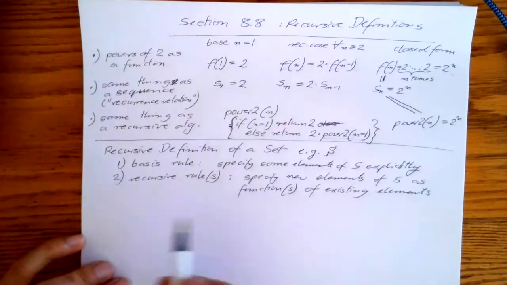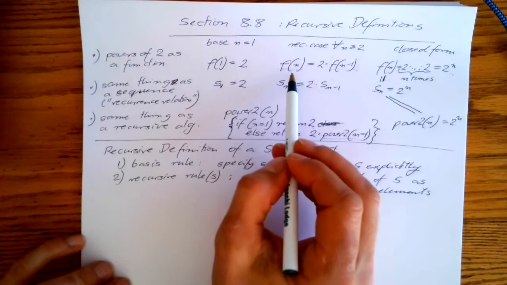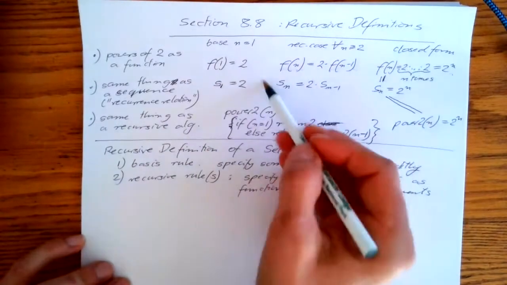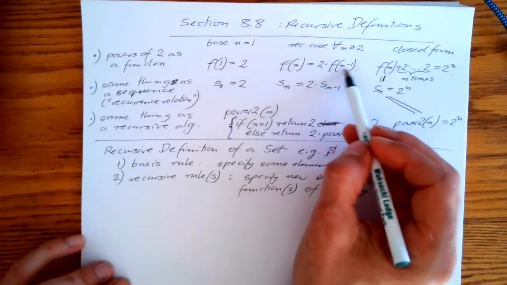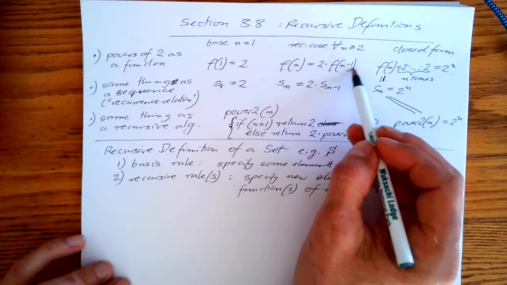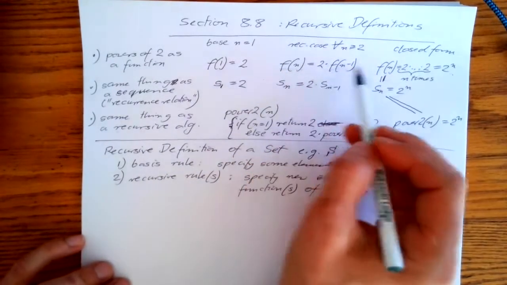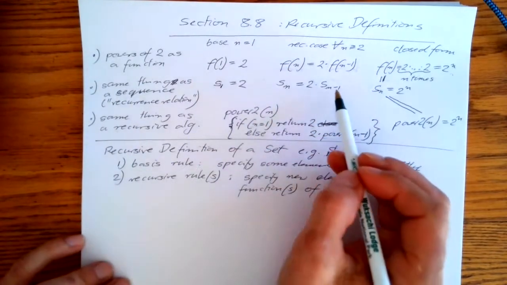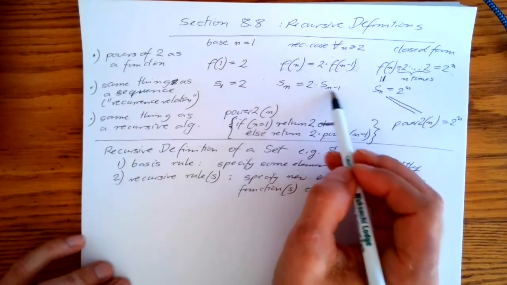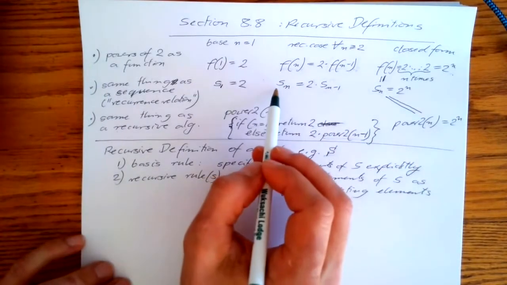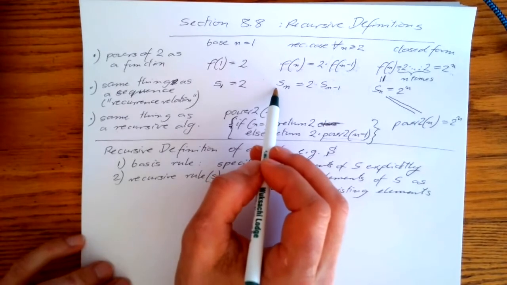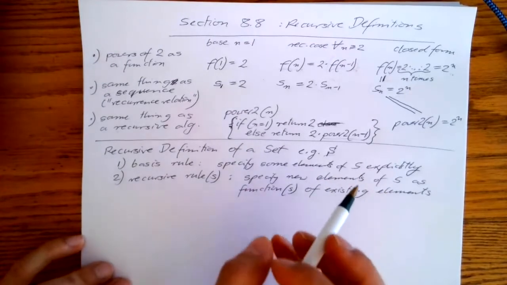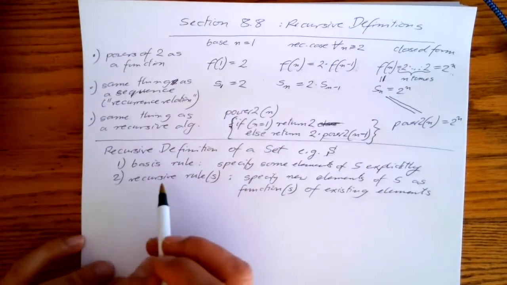Okay, this is similar to, you see, you assume that some formula, either the base case or this recursive case, already defines the value of this function at n-1, and now you're using this recurrence relation, recursive formula to define the value at one more point. Or you assume that this sequence element was defined, and now you use this formula to define the sequence element at some new index. It is the same here too. You assume that there is some element in the set, and you use the recursive rule to define new ones.